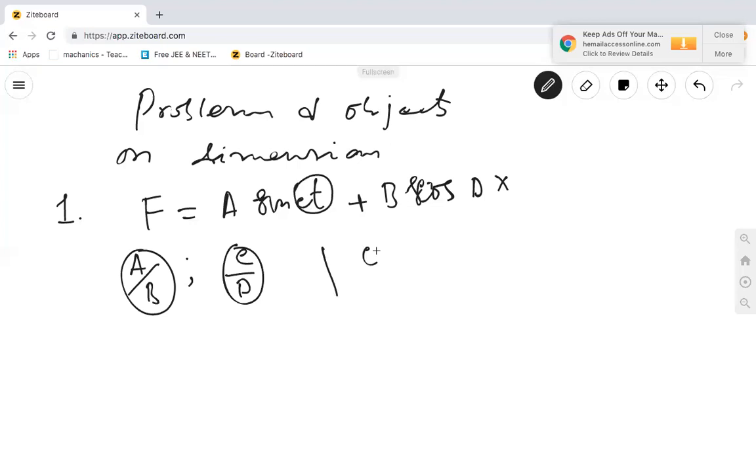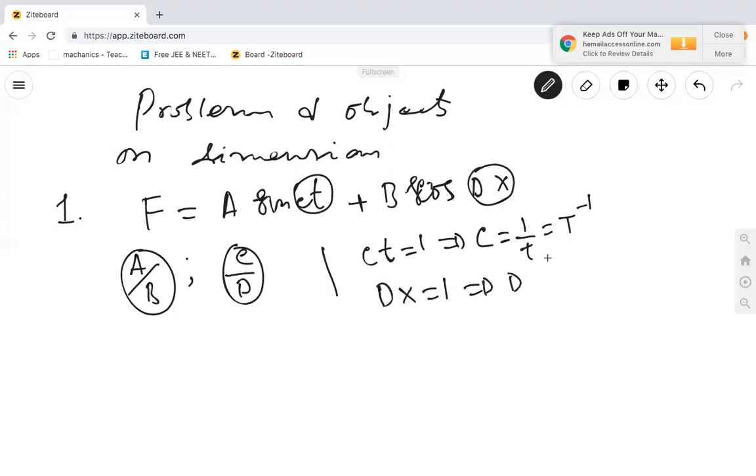It is dimensionless because it is an angle here. The argument of sine, the phase, is dimensionless, 1. So that gives C is equal to 1 by T, that gives T minus 1. What are the dimensions of dx? Also dimensionless. That gives D is equal to 1 by X, that is 1 by L, that's L minus 1.